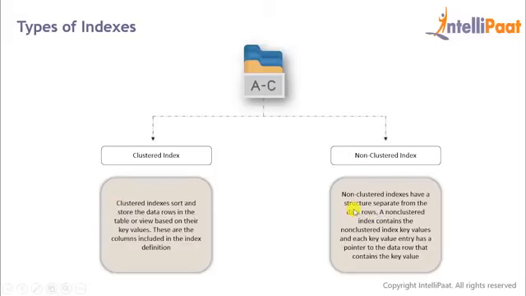But when it comes to a non-clustered index, it doesn't sort the physical data inside the table. In fact, a non-clustered index is stored at one place and table data is stored in another place. And this is actually similar to a textbook where the book content is located in one place and the index is located in another. And this allows for more than one non-clustered index per table.